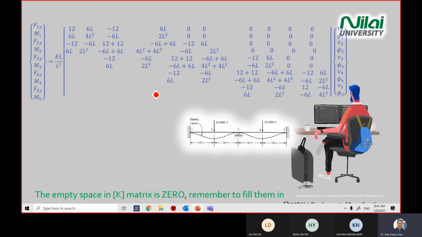We're going to move on, and after you build the global stiffness matrix, you put it into F equal to KD form. It looks very complex, but still, back to the basics, we still need to write F equal to KD.